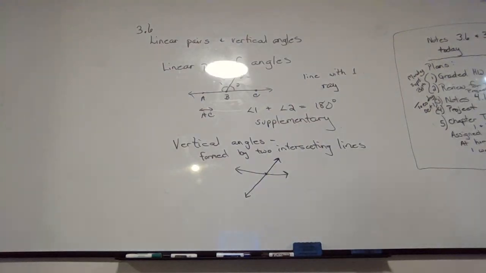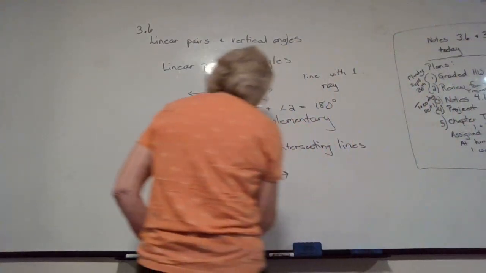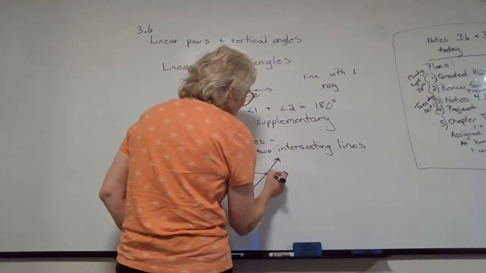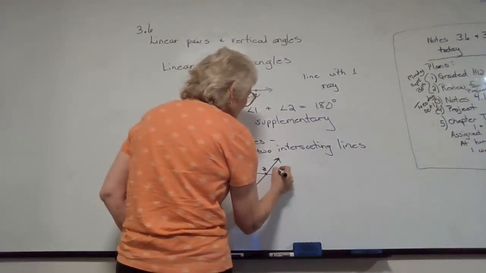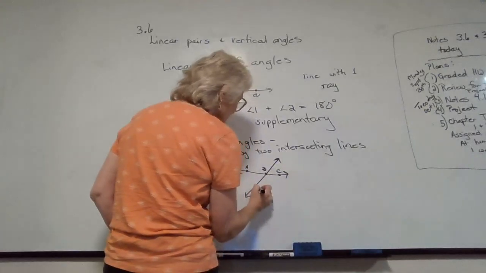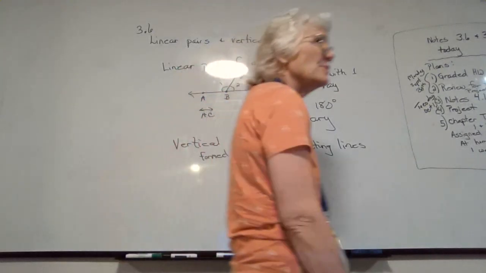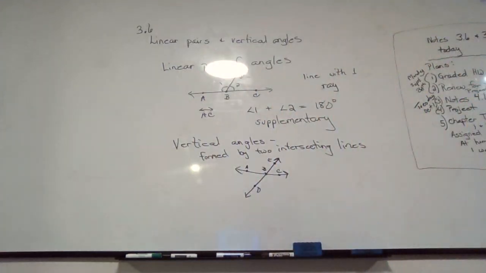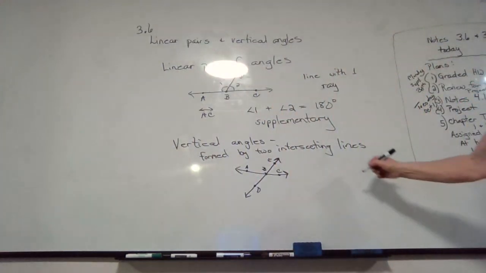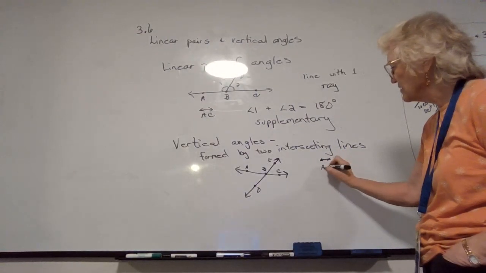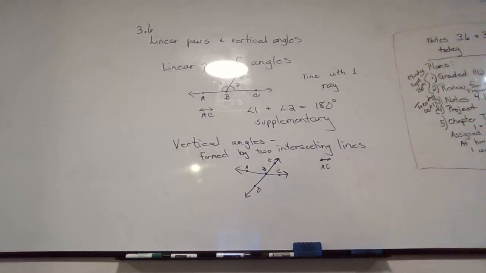Okay, so here we have this line, which is line A, B, C. This is D, B, E. So I labeled all those points on there. Okay. So I have line AC. Again, I'm just getting you used to the notation.